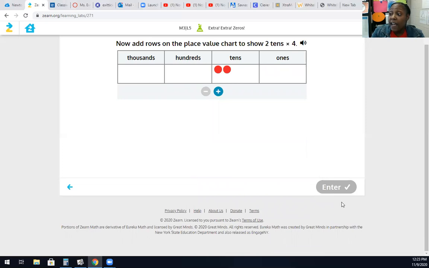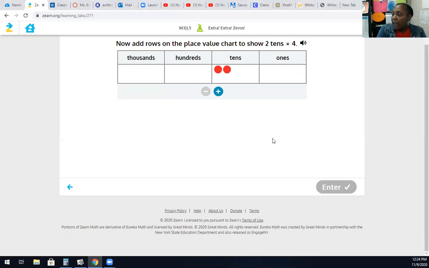Okay, now we're going to add rows on a place value chart to show 2 tens times 4. Let's think about it for a minute. I already have 1 row of 2 tens. How many more rows would I add? Think about what I did in the last problem.